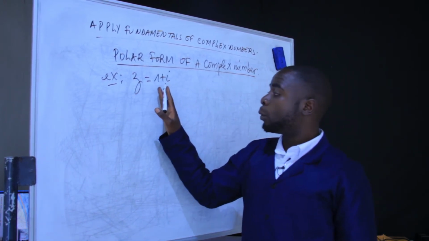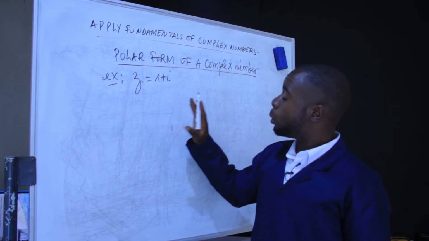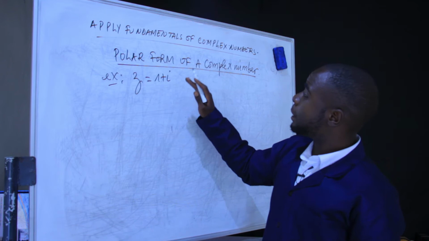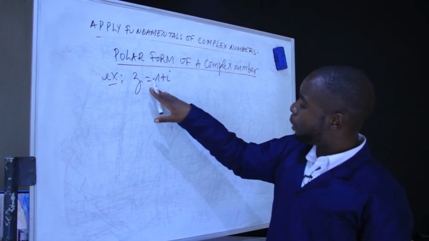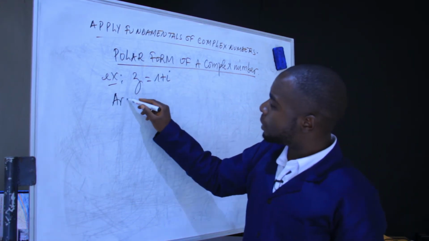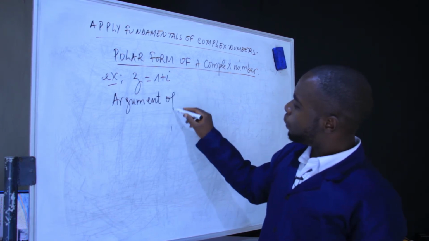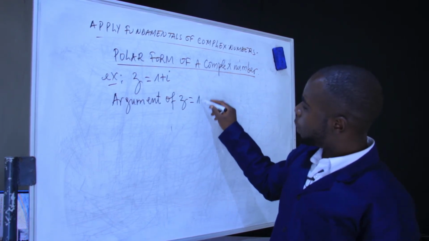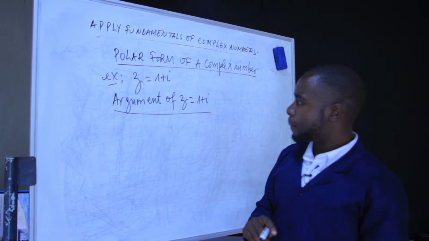This form, which is written like this, is called algebraic form. So then we are going to find the polar form. Before we calculate the polar form, we first look for what we call the argument. The argument of Z, which is equal to 1 plus i, we are going to find it.